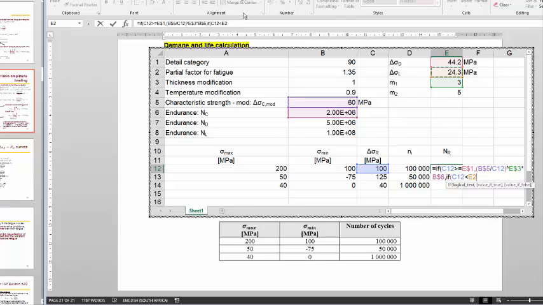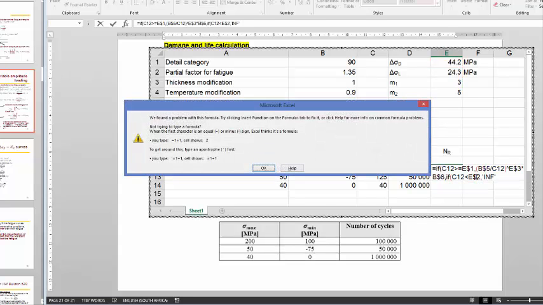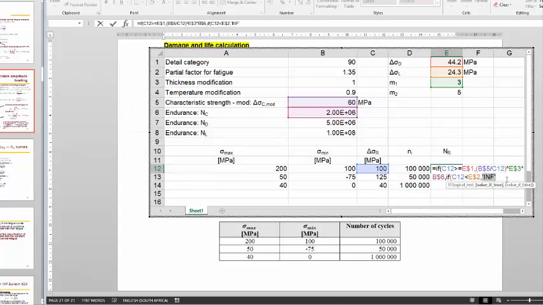Take the cutoff limit, right? And if it's smaller than the cutoff limit, then the answer is infinity, and we just type it like that. So it must give us a value of infinity there. And again, we need to dollar this because it shouldn't run down. And then we carry on.